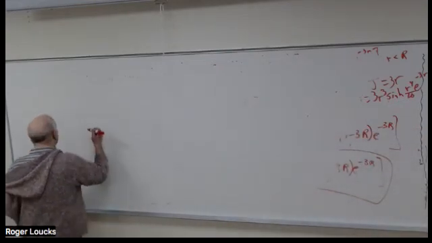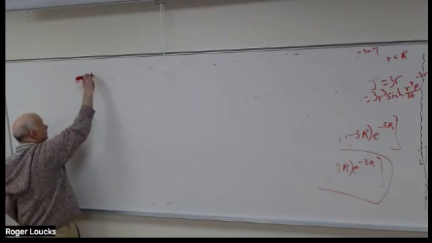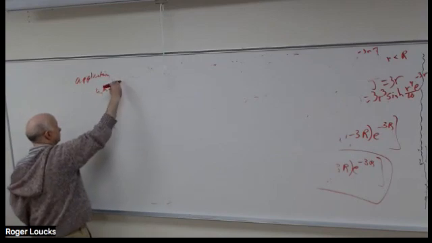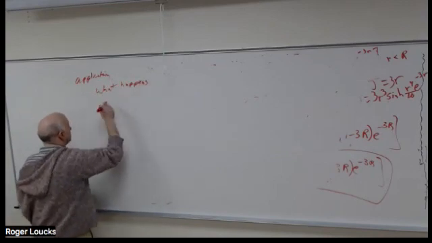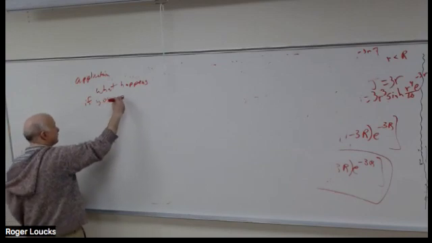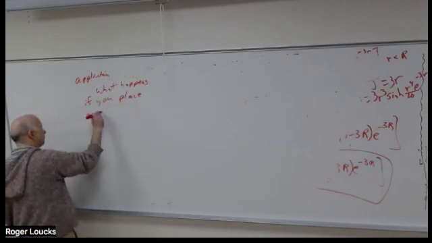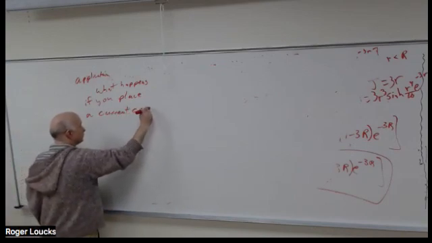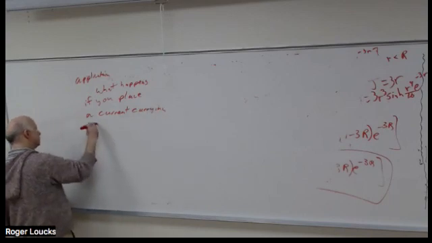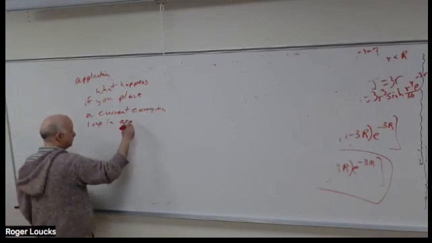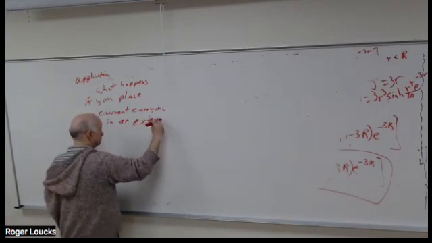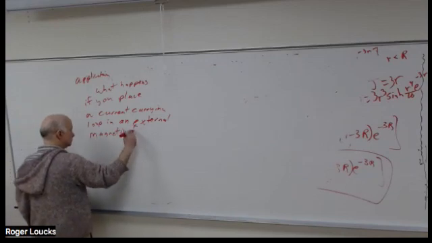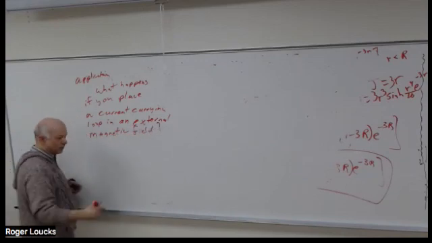Okay, let's talk about another application. I'm going to ask what happens if you place a current-carrying loop in an external magnetic field. So let me explain what this means.